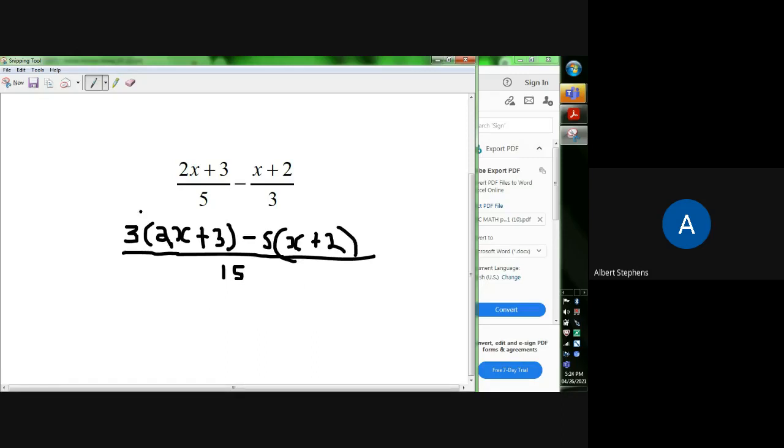And then we'll just use the distributive law. So 3 times 2x is 6x. 3 3s is 9. A negative and a positive gives you a negative. 5 times x is 5x.